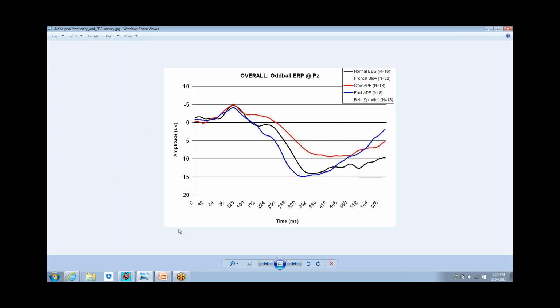Alpha parses your perception into discrete packets. And your alpha frequency is how many of these snapshots you're taking per second. So faster alpha is a higher resolution, slower alpha, lower resolution. And it has to do with your basic processing speed. How many cycles per second is the speed of your processing.